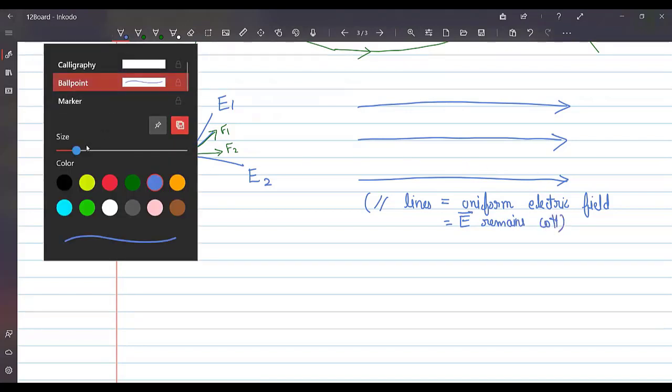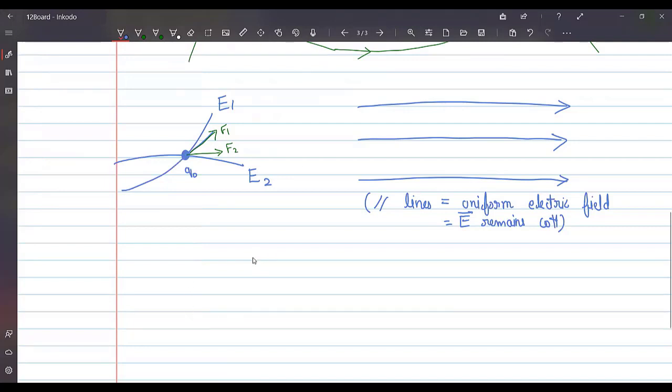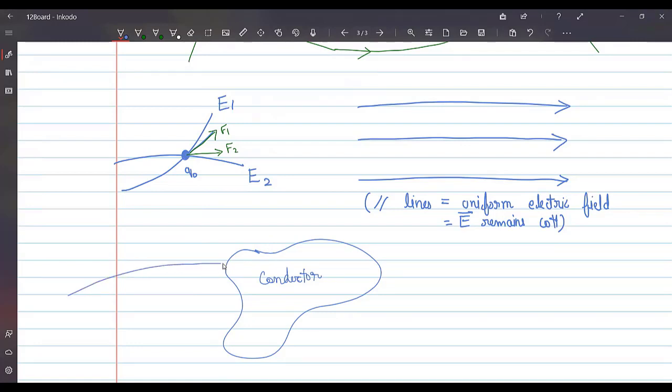Suppose you're placing a conductor, which is basically a material that has free electrons. If you place a conductor in an electric field, you'll see that inside the conductor there will be no electric field.